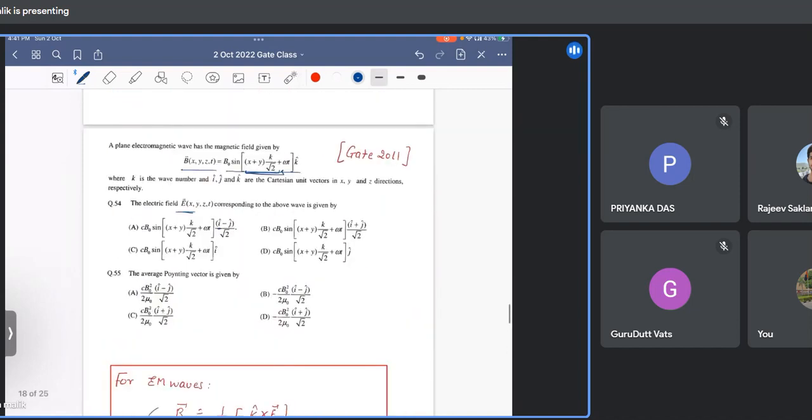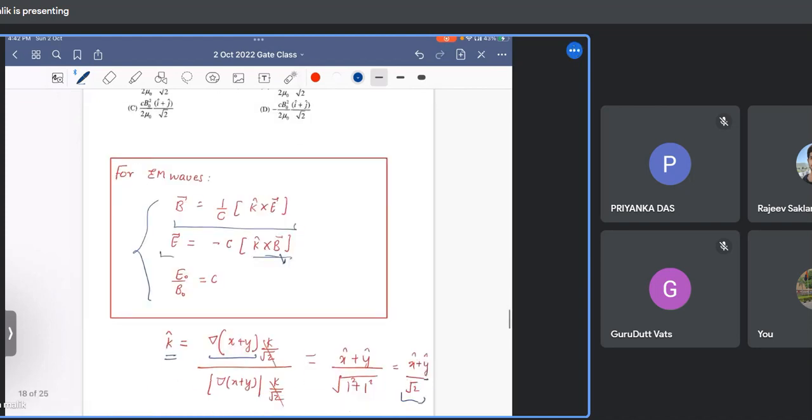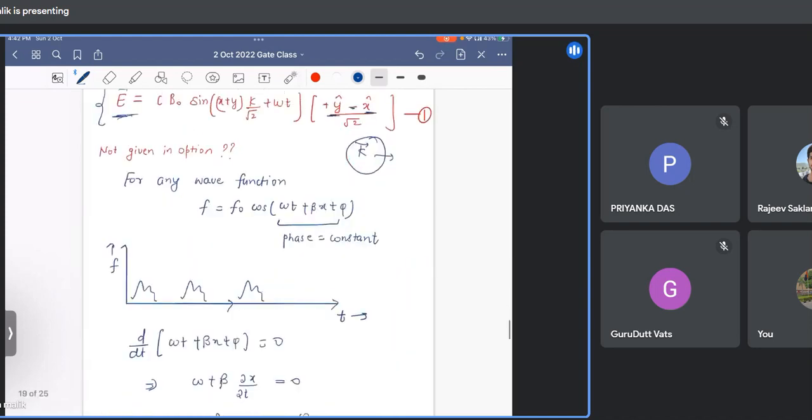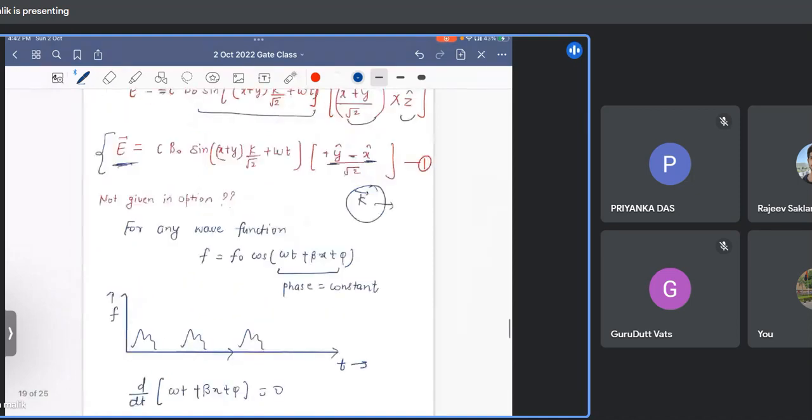If you look at the argument of this question, the sign of k and the sign of omega are both positive. And when you try to see whether your wave is propagating in the positive direction or the negative direction, let us consider some simple wave, a function in which both the x component and the t component are positive.